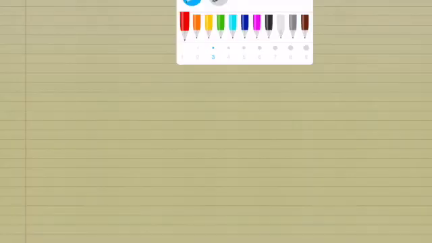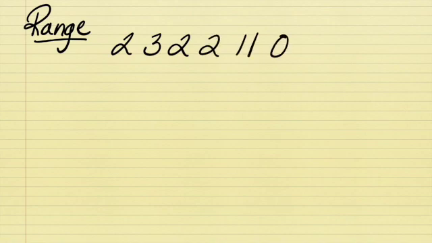All right, and the last one we have is range. Okay, range. So our data, again, how many siblings do you have? And this was our data set, the answers that people gave. To find the range, it's a simple math problem.